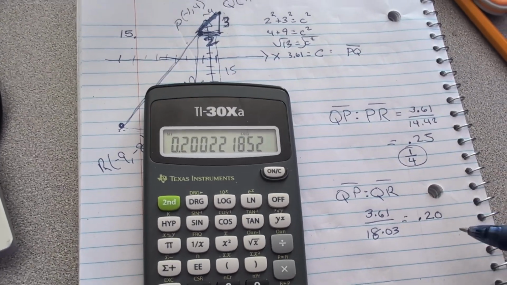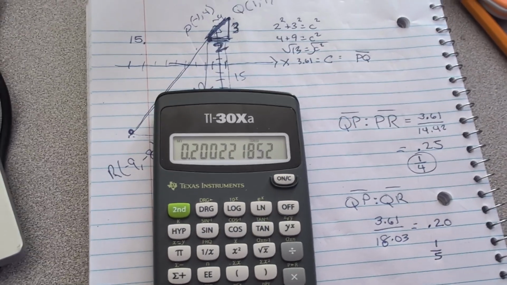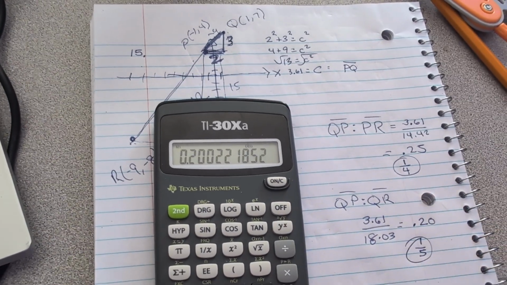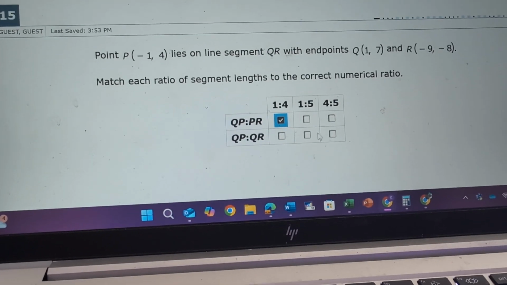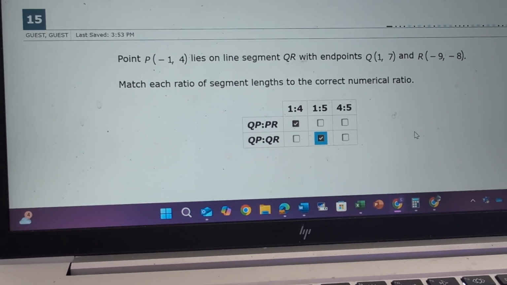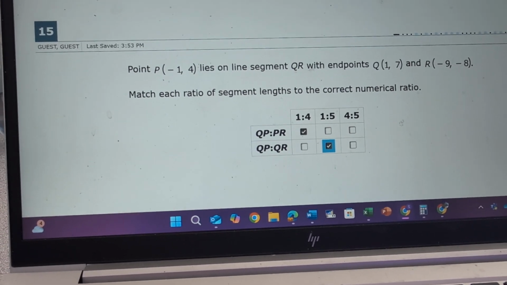So it is basically 0.2. As a fraction, that is 1/5. So QP to QR is 1/5 right here. And that should be our answers for number 15.